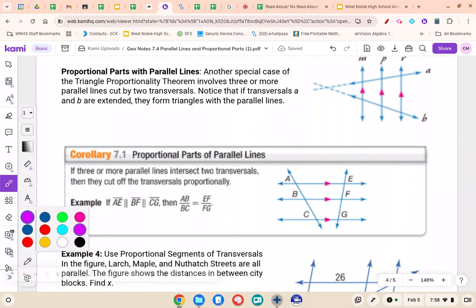So we have a vocab here, a corollary: proportional parts with parallel lines. Another special case of the triangle proportionality theorem involves 3 or more parallel lines cut by 2 transversals. Notice that if transversals A and B are extended, they form triangles with the parallel lines.